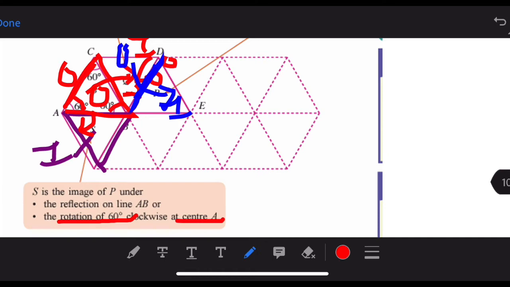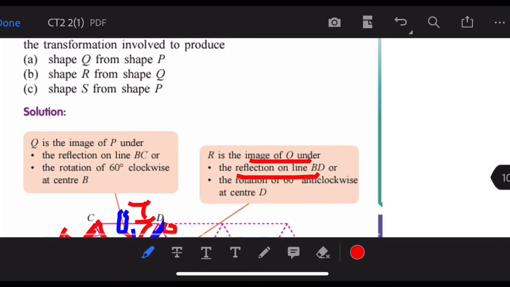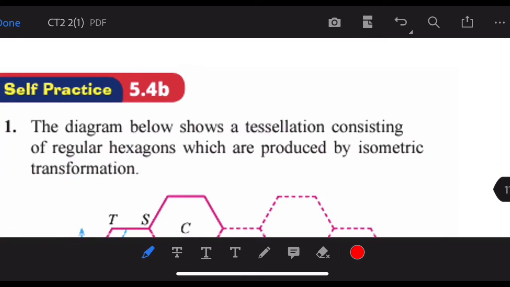One is rotation 60 degrees clockwise and center A. Image of P. Alright, we have to mention the image of P under reflection, and must mention the line AB. So we have two transformations. Okay, so that is how you answer for combined transformation.